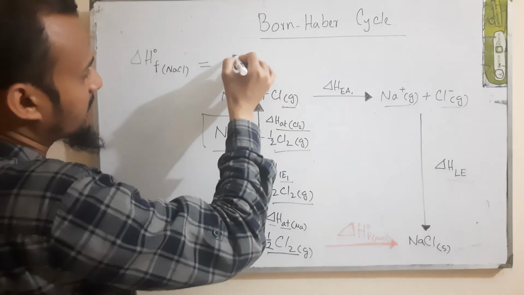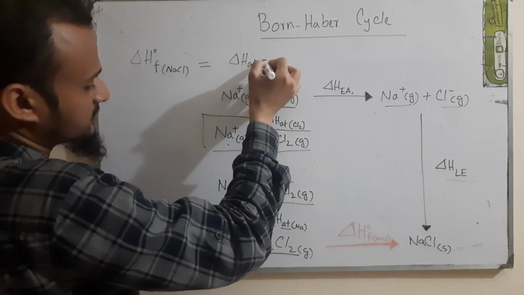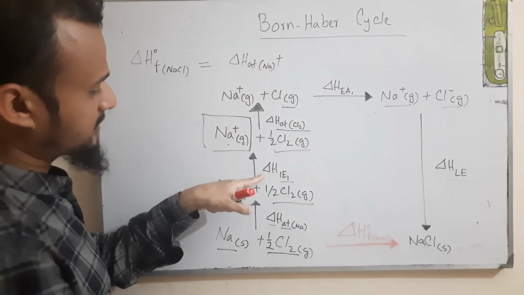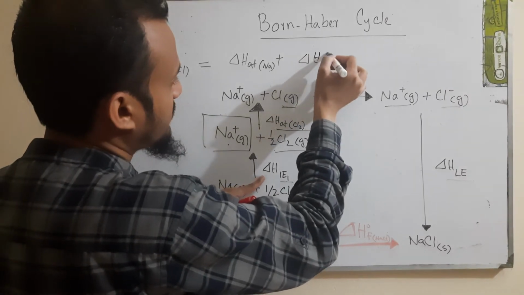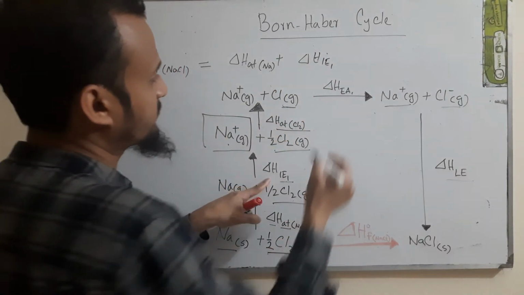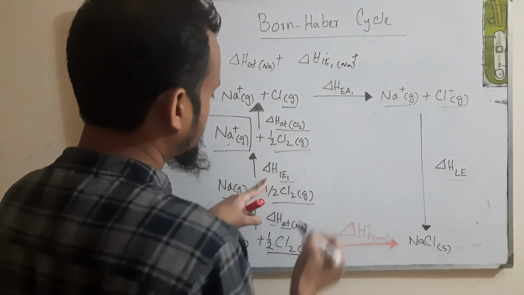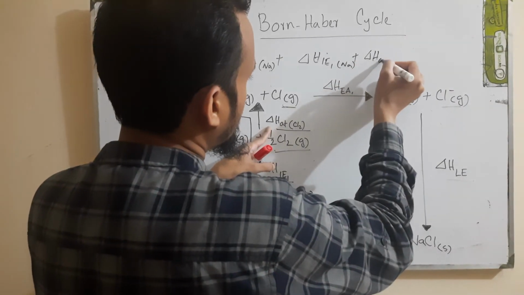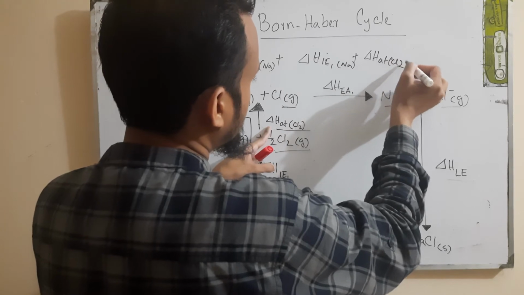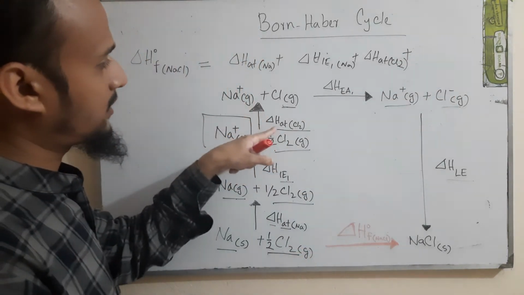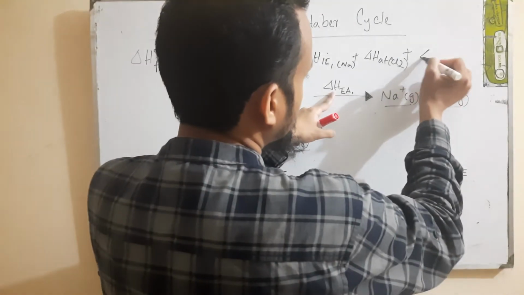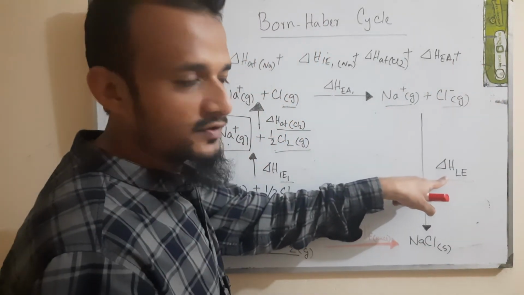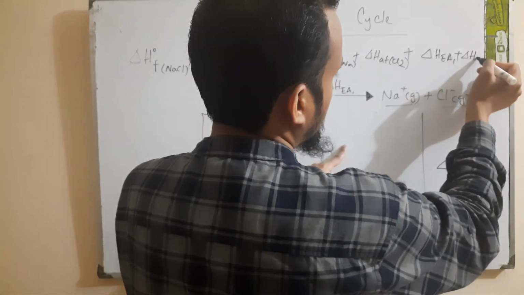Can I write delta H of atomization of sodium, plus delta H of first ionization energy of sodium, plus delta H of atomization of chlorine, plus delta H of electron affinity, plus delta H of lattice enthalpy?